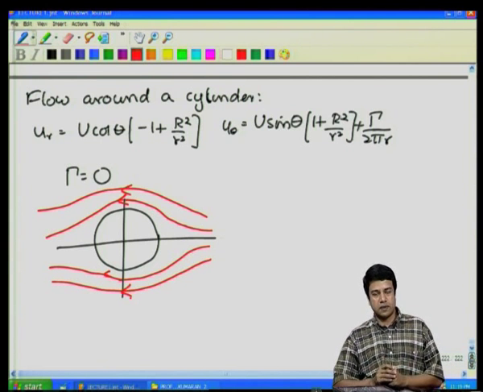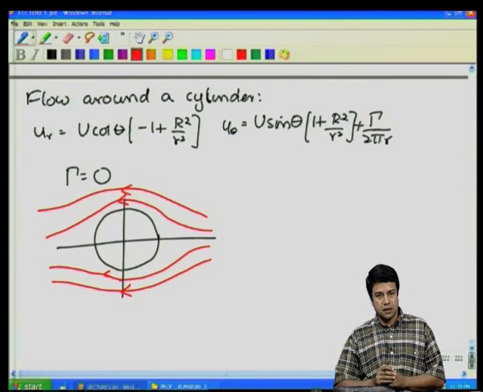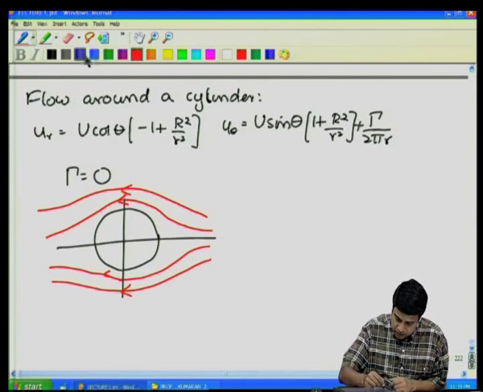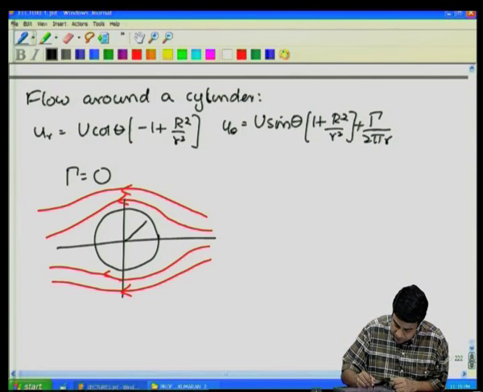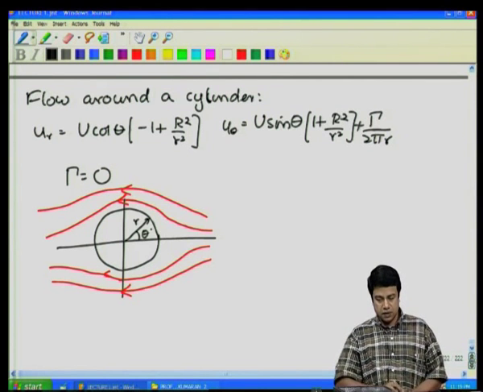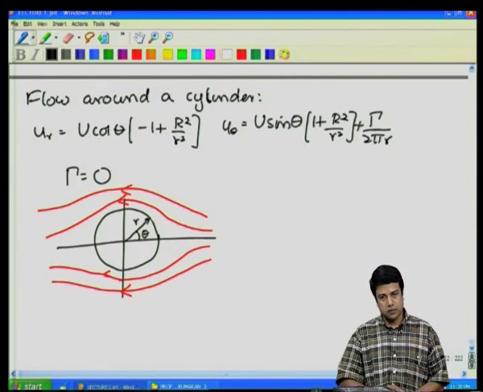The velocity profile looks something like this, and we have a coordinate system where this is r and this is theta. At theta is equal to 0 and at theta is equal to pi, u theta is also equal to 0 because u theta is proportional to sin theta.